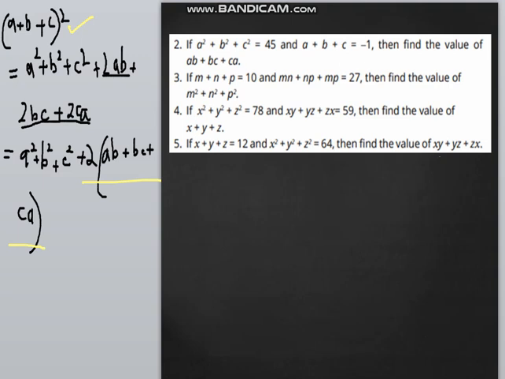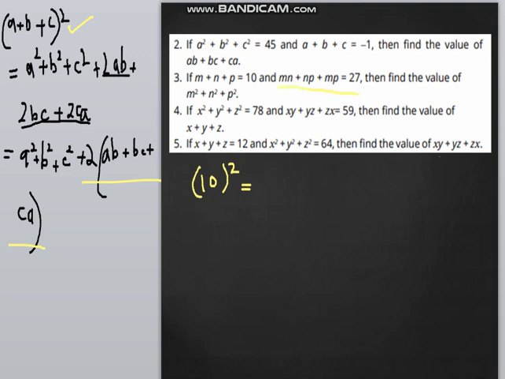Okay. m plus n plus p. So a, b, c is m plus n plus p here. So 10 squared is equal to m squared plus n squared plus p squared plus 2 times (mn plus np plus mp), which is equal to 27, right? So mn plus np plus mp, that's ab plus bc plus ca.